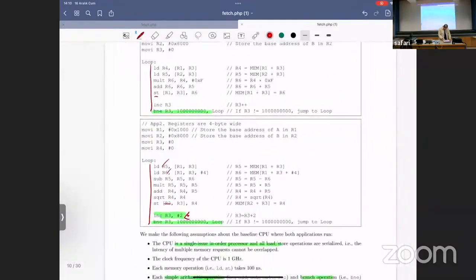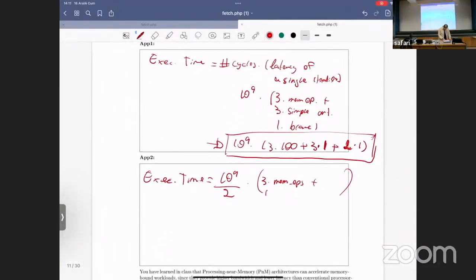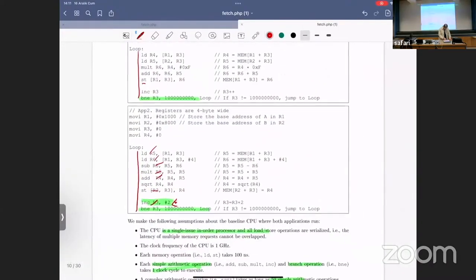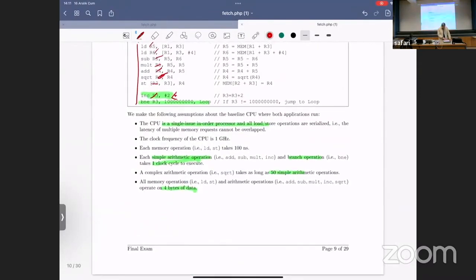Plus 1, 2, 3, 4 simple arithmetic operations. Plus one complex operation, this is a square, and this says that it takes 50 simple operations, which is 1 cycle, so it's 50 cycles.